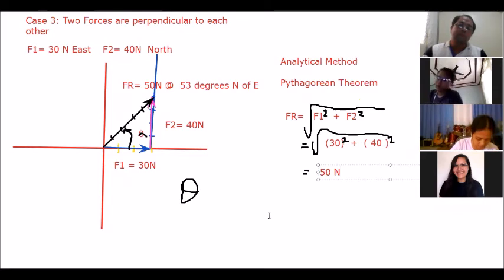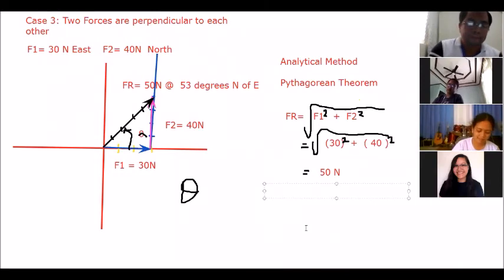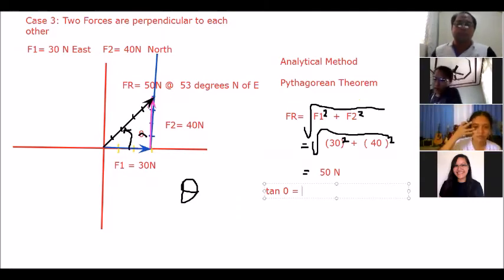Now, if we want to get the angle here, we are going to use a function called tangent. If you think of tangent of theta, we remember the tangent of theta is opposite over adjacent.